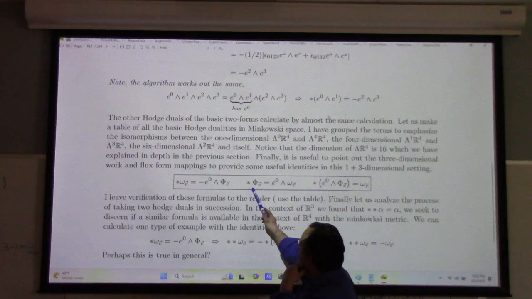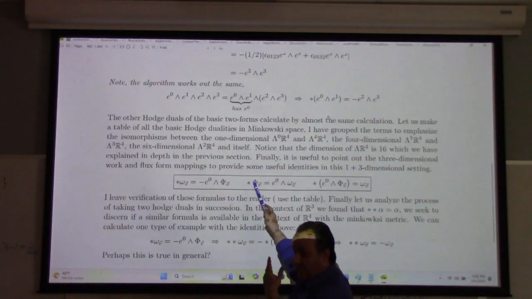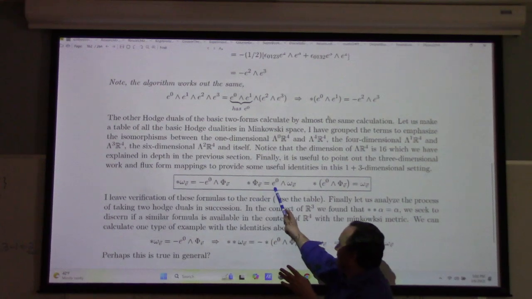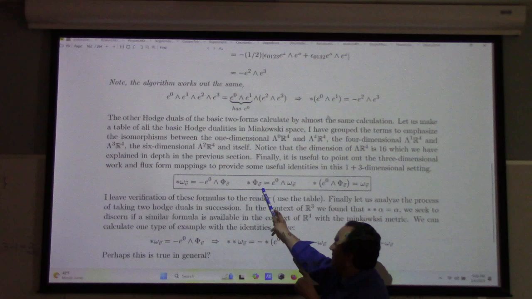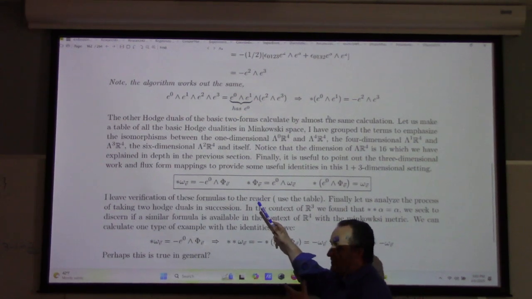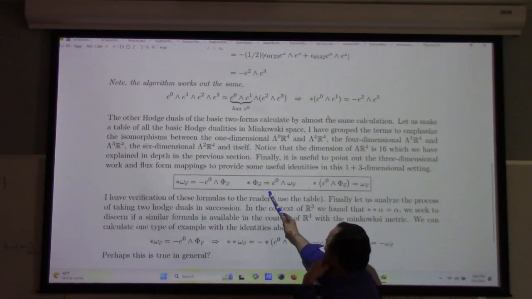And this one, the dual, is a 2-form. I take the Hodge dual of it, I get another 2-form because we're in 4 dimensions, 4 minus 2 is 2. And so what I have here is a 1-form wedge another 1-form, which is a 2-form. So this is how the flux form and the work form extended to 4 dimensions interact together with Hodge duality.